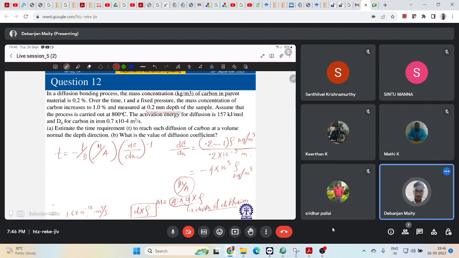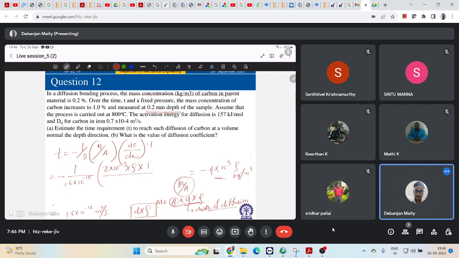This was my D value. This is my dC/dx value. And this is K into rho. So minus 1 by 1.6 into 10 to the power minus 12, that into the depth 0.2 into 10 to the power minus 3 into rho, into this dC/dx value, right? That inverse.